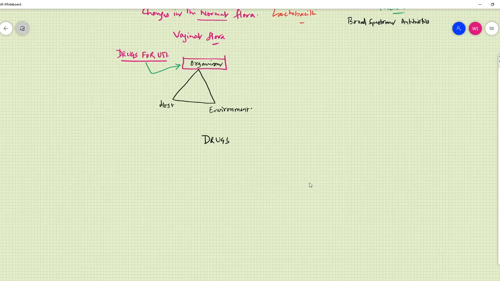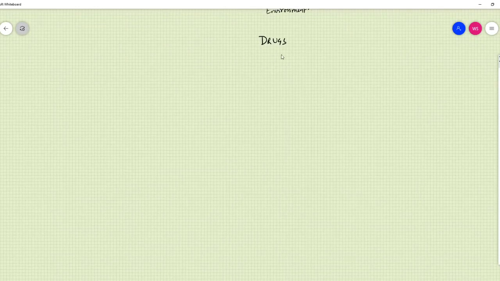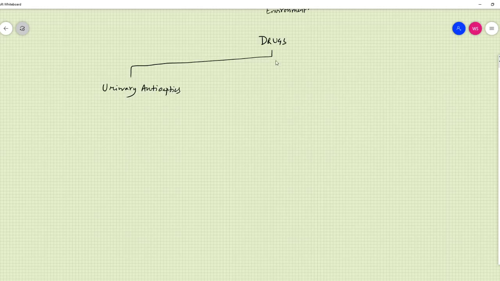The drugs used in the treatment of UTI, we can classify into urinary antiseptics, antimicrobial agents, and if you remember, we said the patients usually present with pain, and so analgesics.